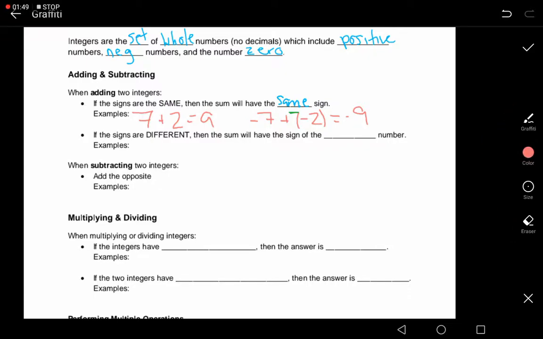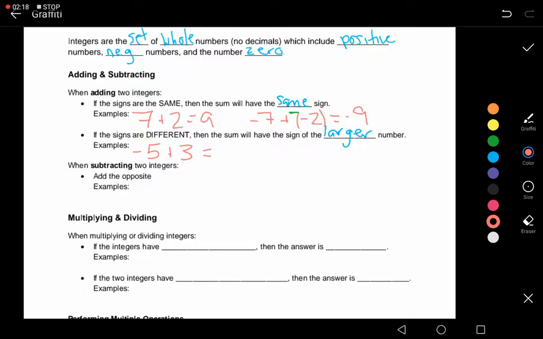If the signs are different, on the other hand, then the sum will have the sign of the larger number. Okay, so for example, negative 5 plus 3.